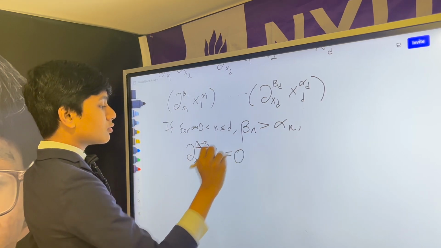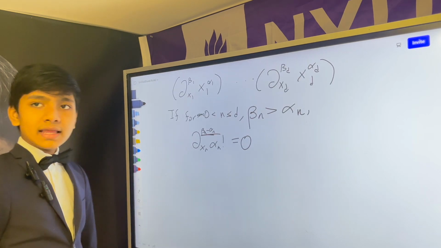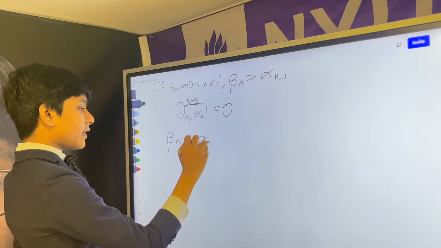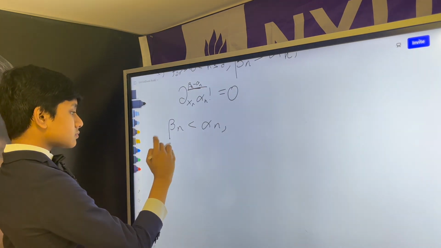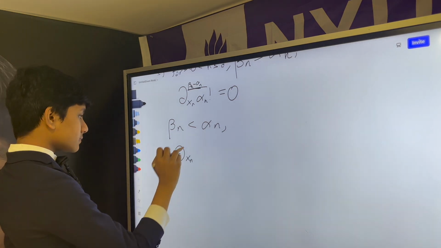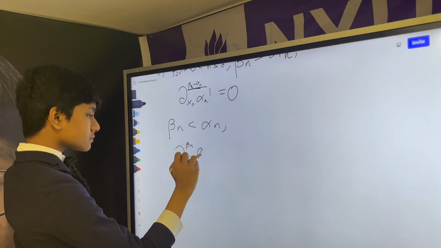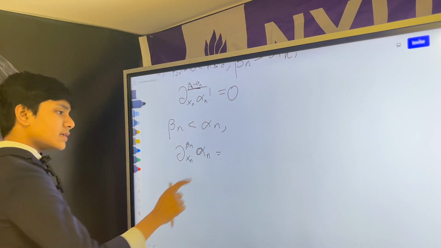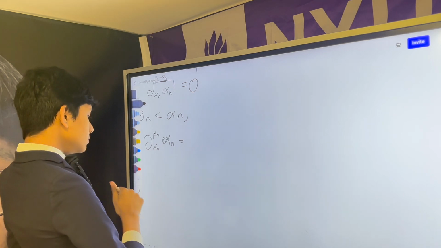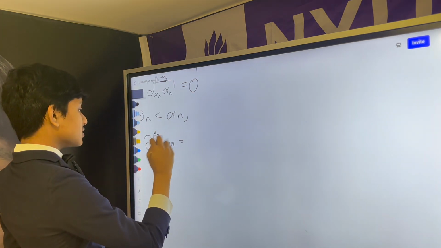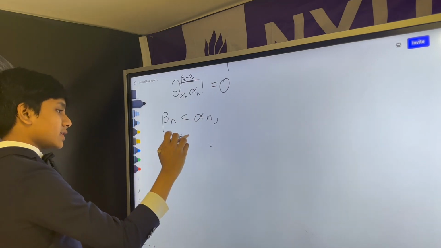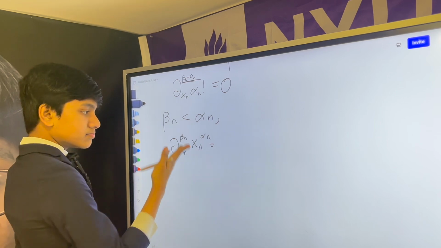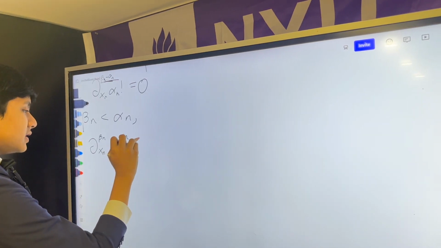That's just going to be 0. Now, what happens if beta n is less than alpha n? Well, you just get this.